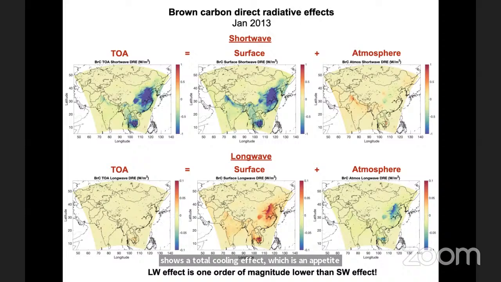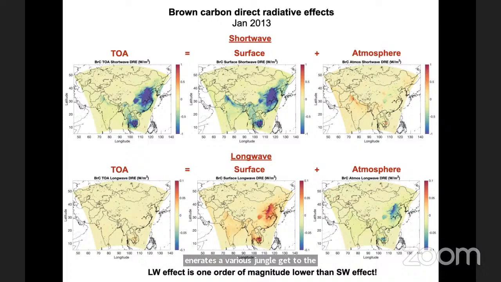This can be attributed to the very strong cooling effect at the surface, which makes sense because the aerosols block downward solar radiation, generating very strong cooling at the surface.